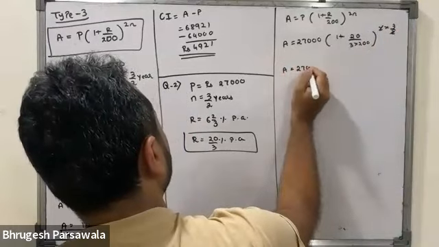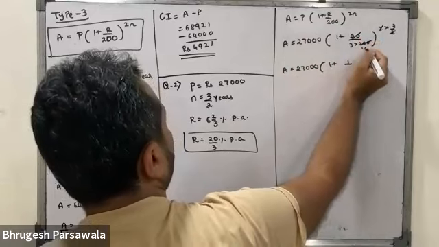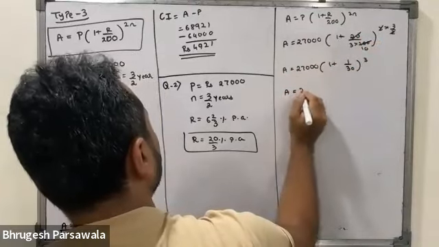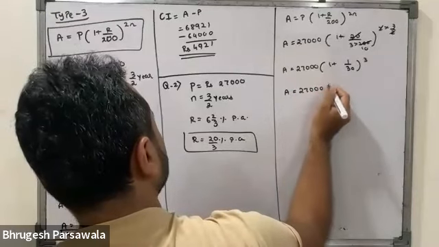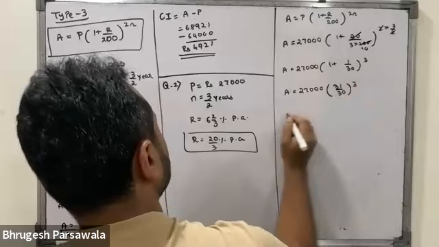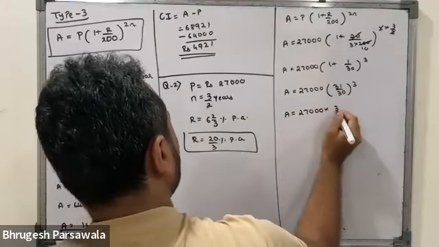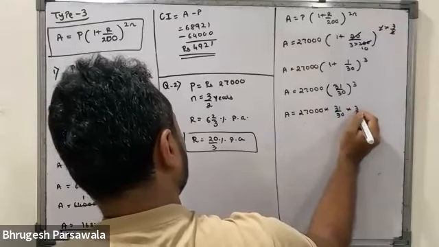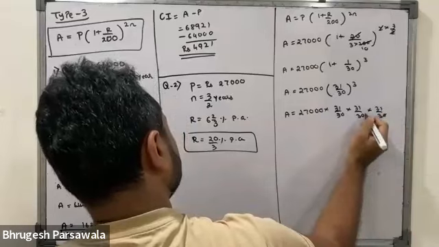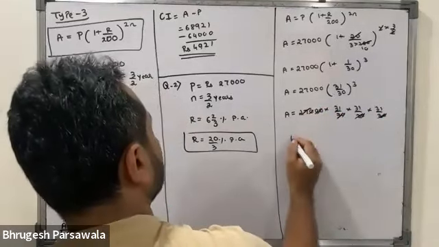So A is 27,000. ये 10 हो गया बेटा. So A is 27,000. 30 plus 1 is 31/30 cube. So A is 27,000, my child, into 31/30, into 31/30, into 31/30. 0, 0, 0 cut, and 3 cube is also 27.